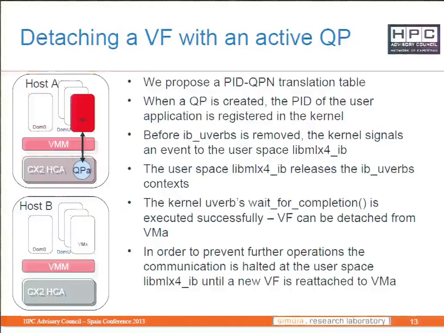In this work we have proposed the process ID to Q pair number translation table. So whenever a new Q pair is created, the process ID of the user application will be registered in the kernel. And before the module is removed, the kernel will signal an event to suspend the operations in the user space library.